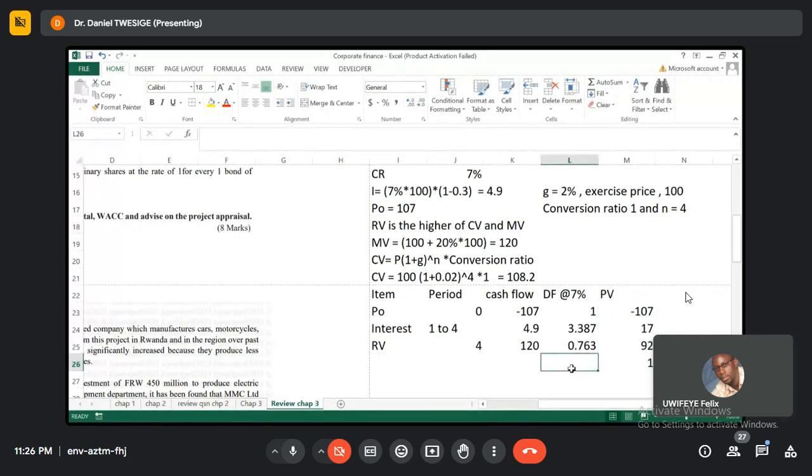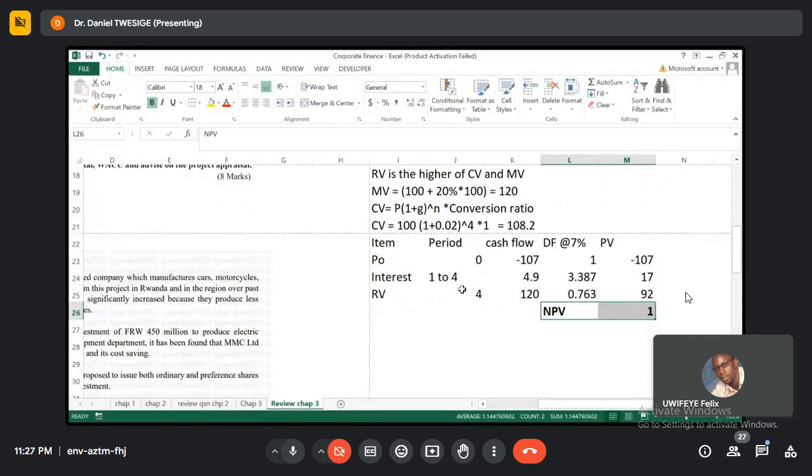Hey, almost there. Our NPV at 7% is 1 positive. So we can now get a negative. We're going to try NPV at 10%. Yeah, we have to increase the rate.